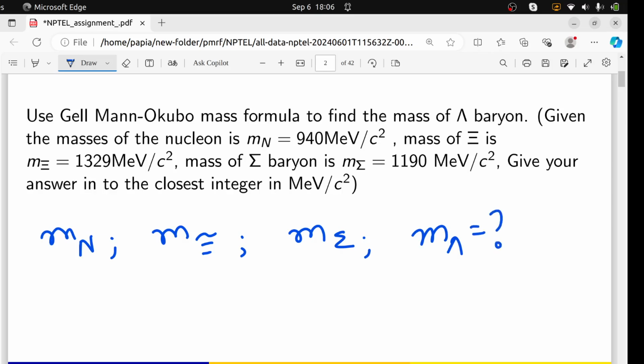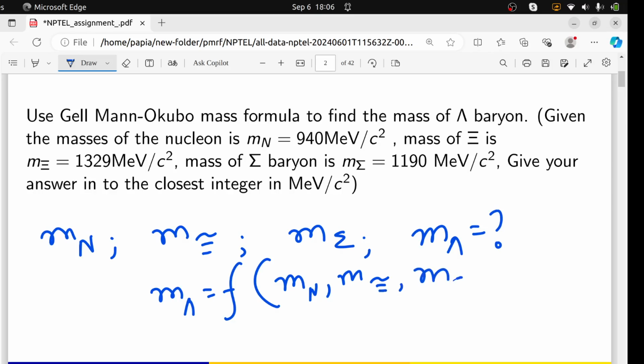From this question we can understand M lambda should be a function of these three, otherwise how can we get the value of M lambda? But how are they related? We have to calculate the relation between M lambda and Mn, M cascade and M sigma.